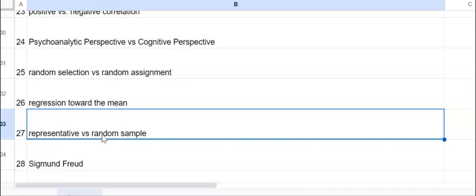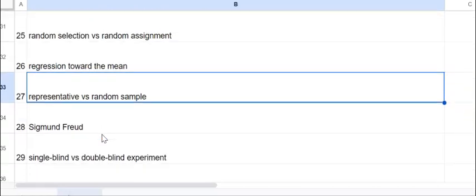For example, if we were looking at low income, middle income, and high income families, and we knew that in our area we wanted to include 33% of each income level in the study, that could be a representative sample. A random sample would be randomly choosing: you put all the names of the families in a hat and you pick out 100 names or whatever. But it's random. Both would create valid samples.